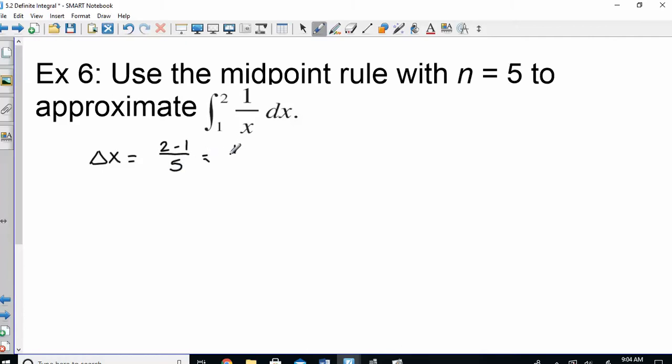So my change in x is 1/5, or if you prefer, you can use 0.2 if you like the decimals. My x sub I is my first point, which is 1, plus the change in x times I. So 1 plus 1/5 I.